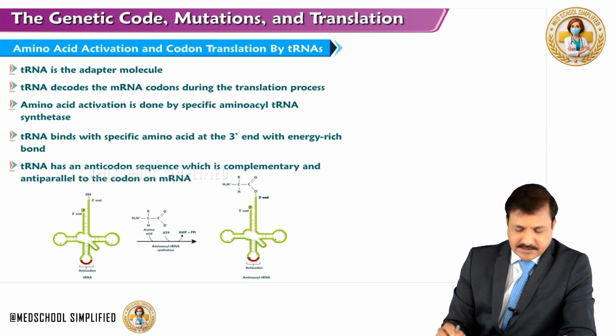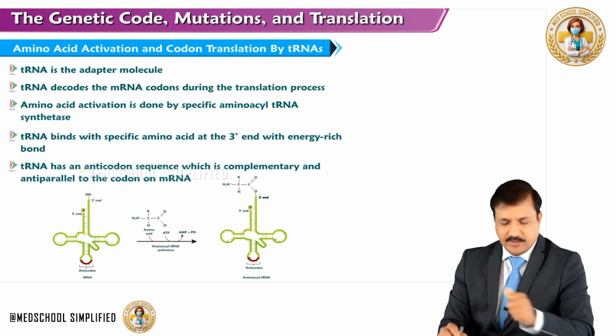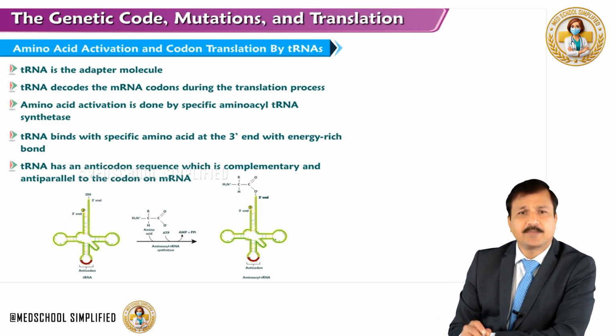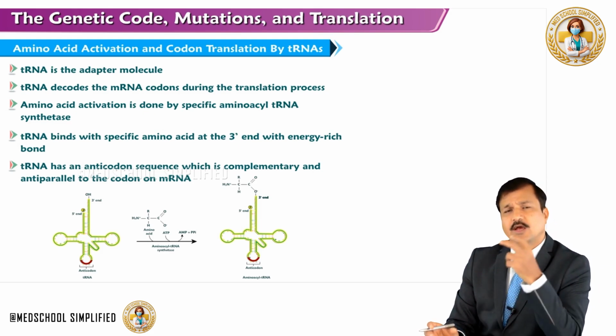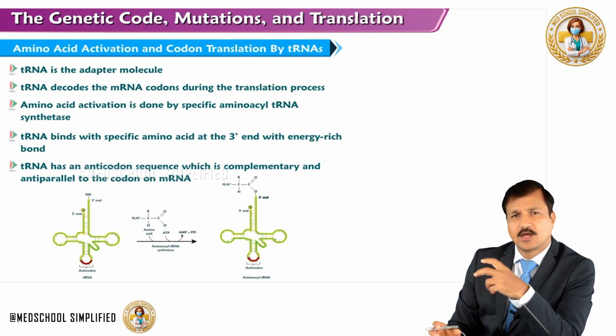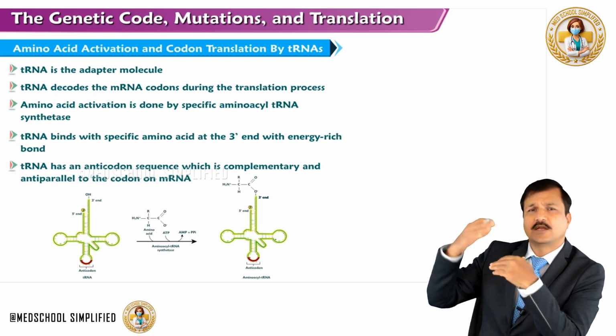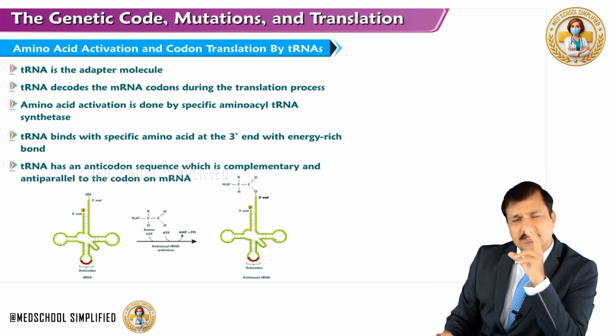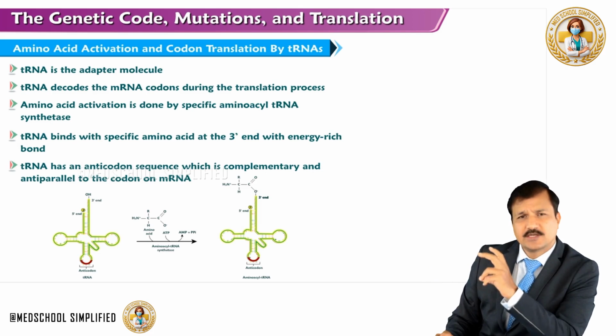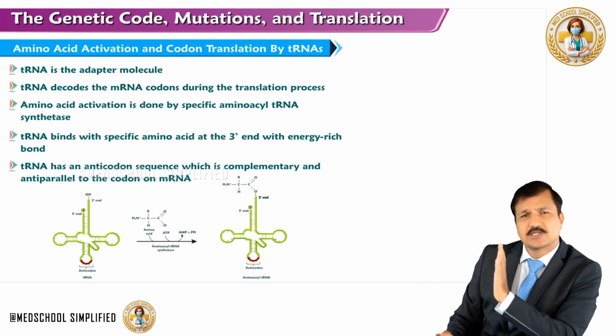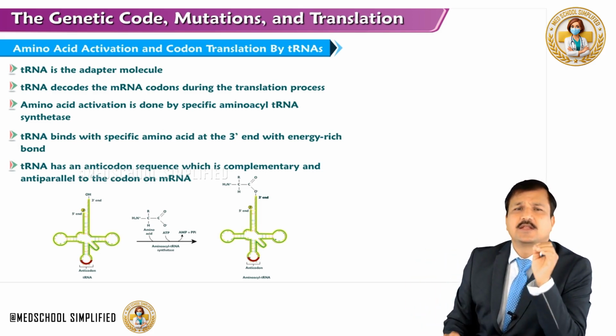The tRNA has an anticodon sequence which is complementary and antiparallel to the codon on mRNA, and that's how it reads that codon on mRNA and accordingly arranges a specific amino acid as per the sequence, and later the peptide bond formation will go on.